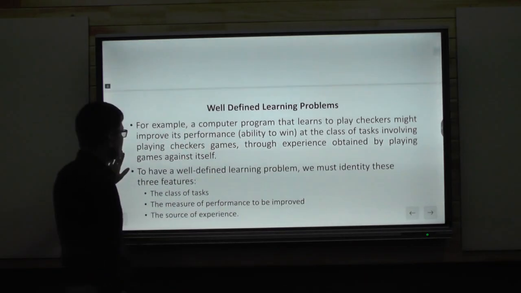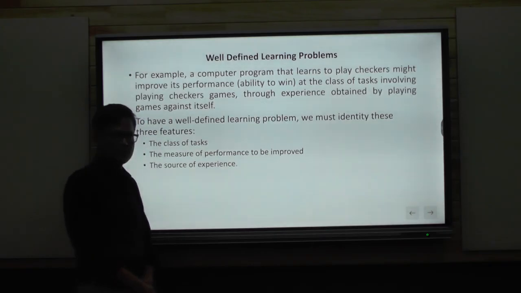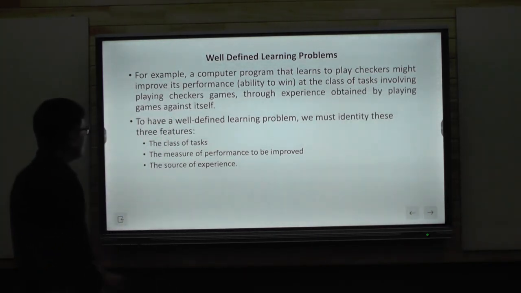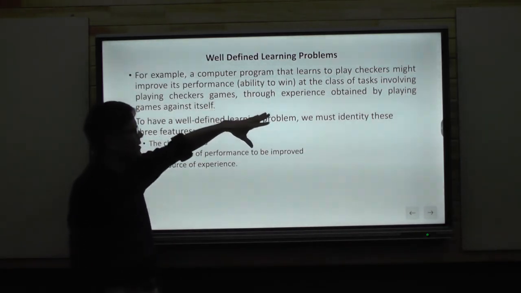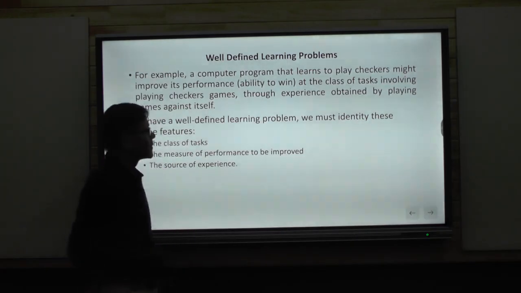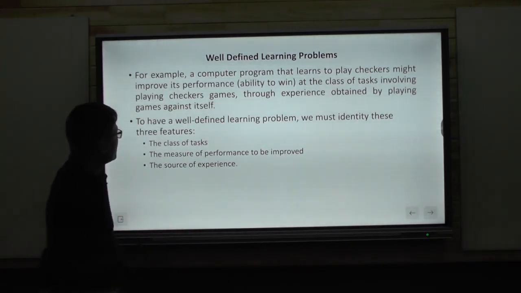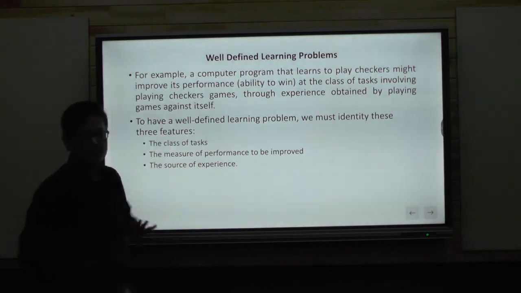Next is, for example, a computer program that learns to play checkers, or another game you can take is chess, might improve its performance, its ability to win at classes of task involving playing checkers game, through experience obtained by the games played against itself.